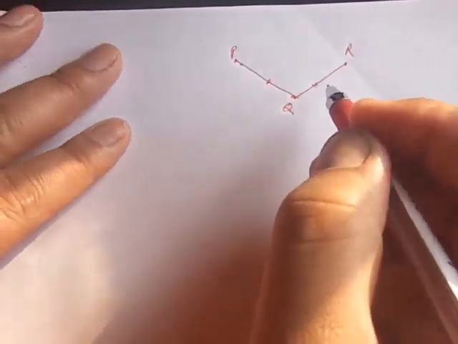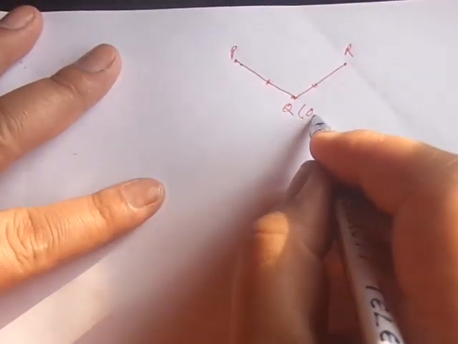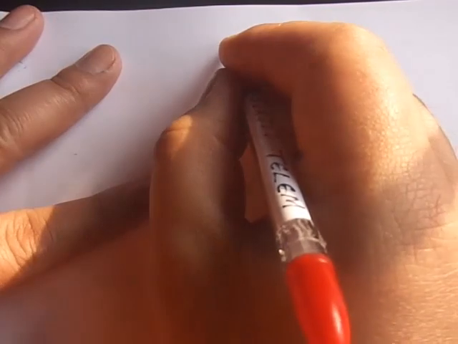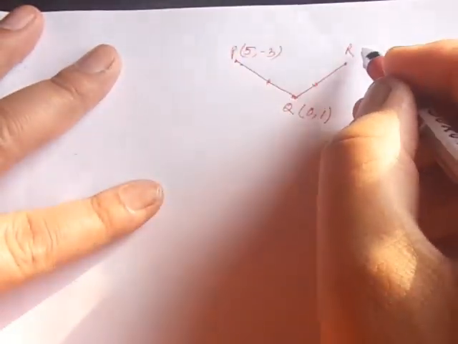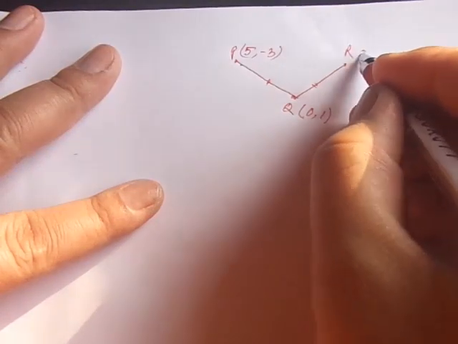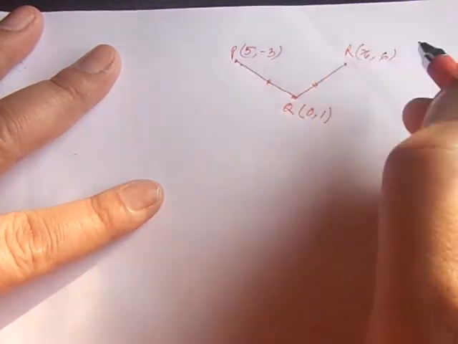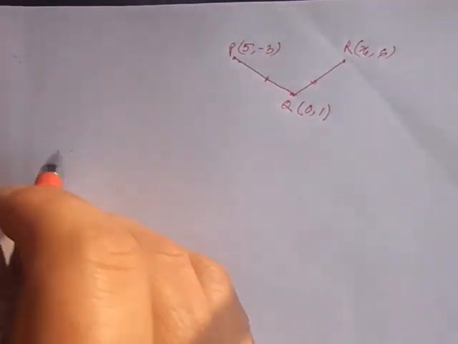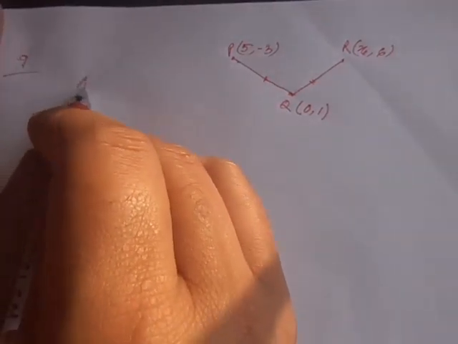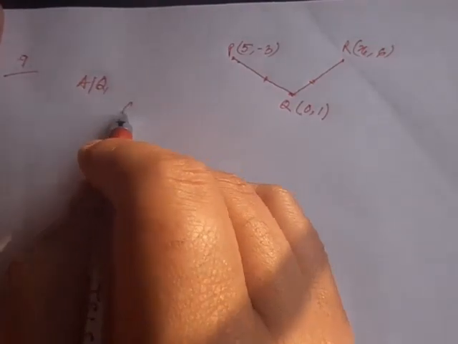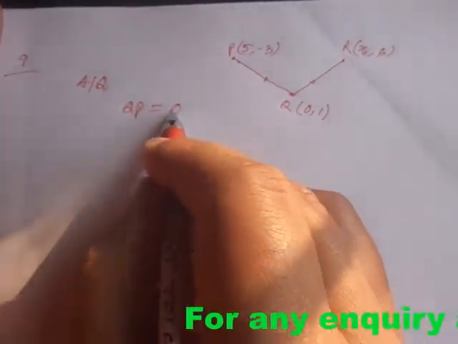Okay. Now according to the question, Q is given as (0, 1), and P is given as (5, minus 3), and R is given as (x, 6). Now this is question number 9. So we can start as per the question. QP equals QR.